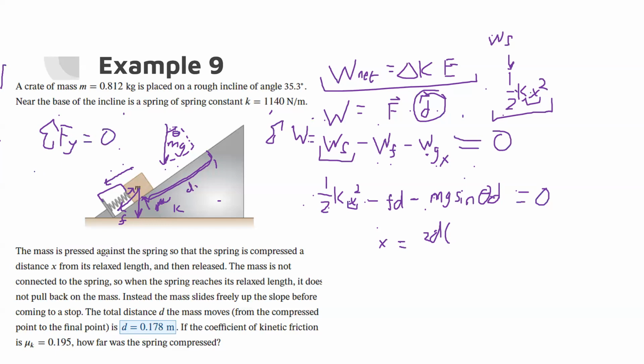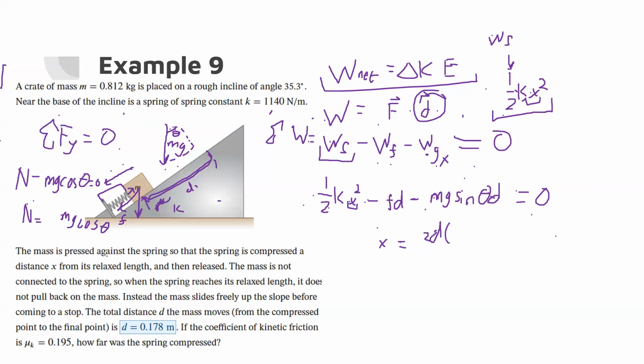And since the only forces acting are the normal force in the positive direction and the y component of gravity, I know that the normal force is going to be equal to mg cosine theta, like that.